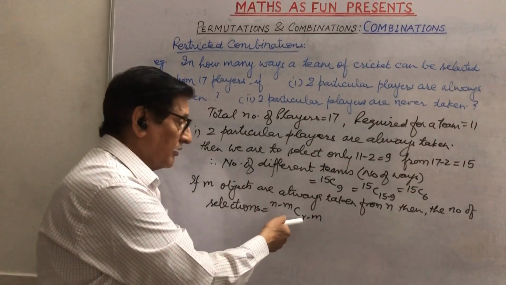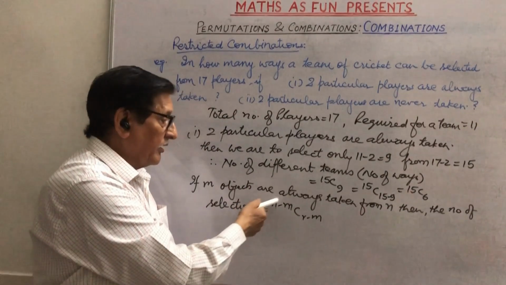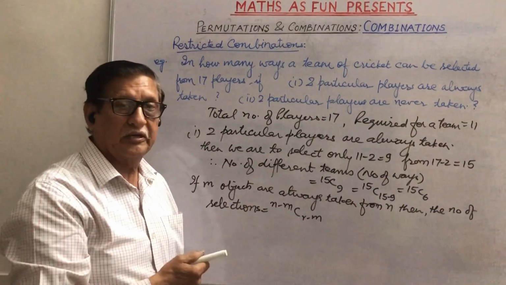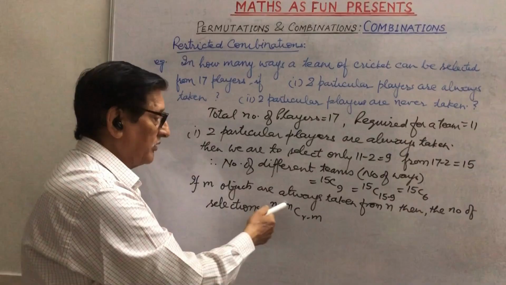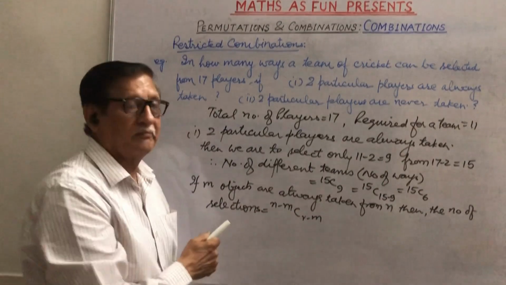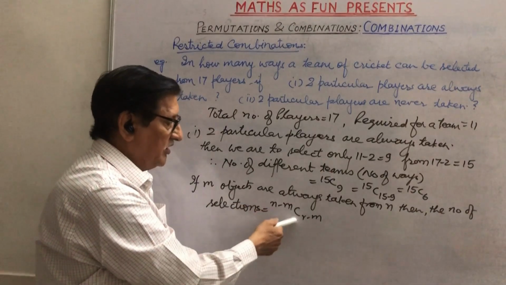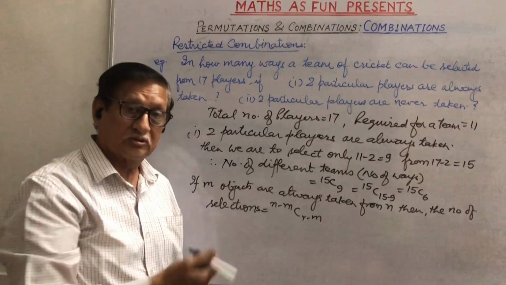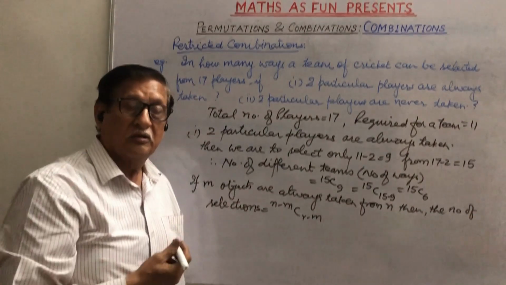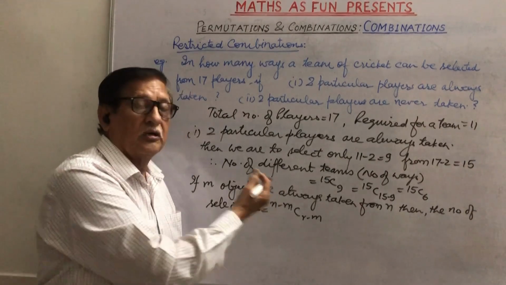Suppose we want to select r objects out of n and m are always taken, then we can apply the formula n minus m C r minus m. Like here, we can write 17 minus 2 C 11 minus 2. It's a shortcut. We can apply this to directly get the answer.